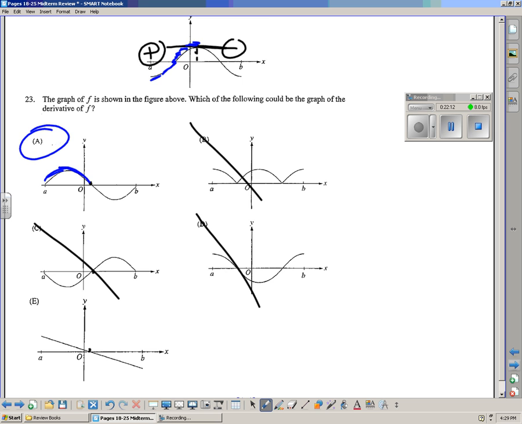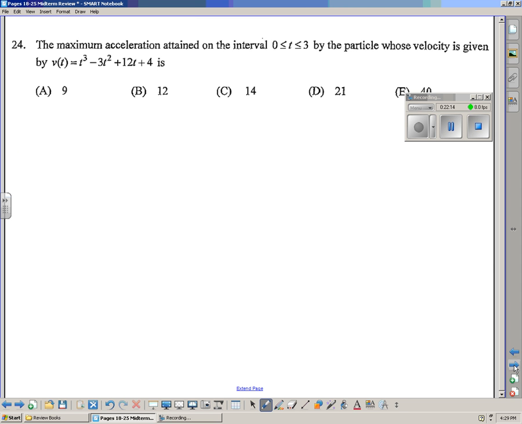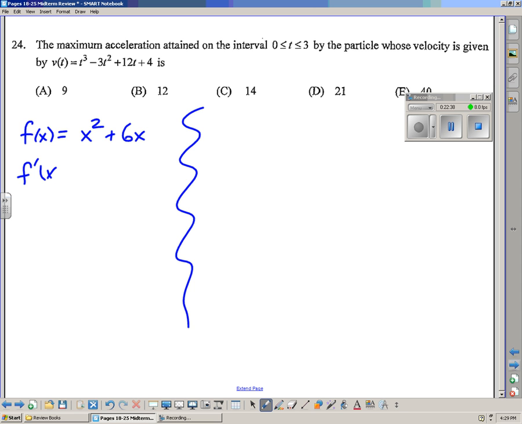Next one. This is a bit of a tricky question. The maximum acceleration attained on the interval 0 to 3 by the particle whose velocity is given by that function is... I just want to do a little side question here. If I asked you to find the maximum of, say, f of x is x squared plus 6x, I'm making this up now, you would take the derivative, 2x plus 6, set that equal to 0 and find the critical values.